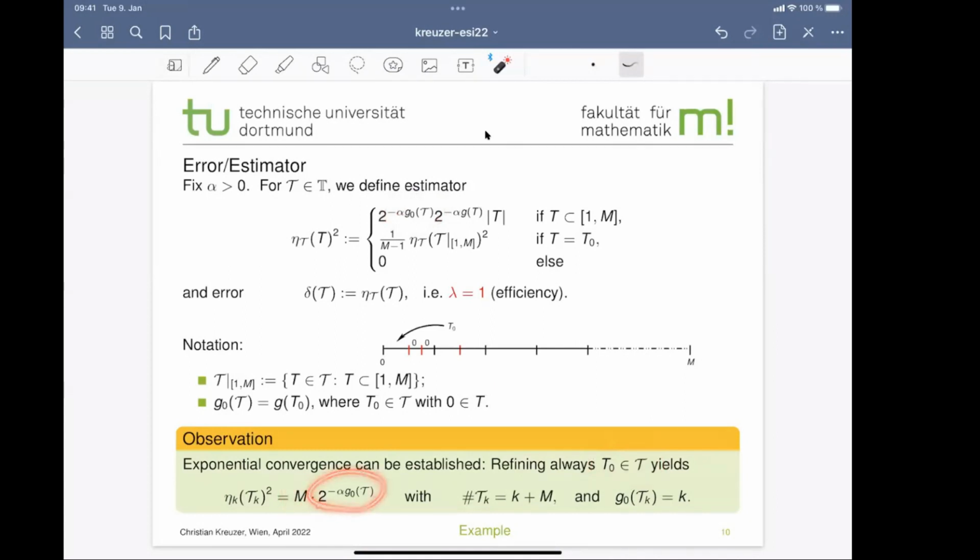And this is the decay that comes from this factor. And of course, the number of elements in Tk is just m plus k, as m from the initial triangulation, and then all refinements. You only refine once per iteration. And the generation G0 of Tk is k, and then you can replace this by k, and you see you have exponential convergence rate. So you can satisfy any algebraic convergence rate you want on the optimal sequence of refinements.